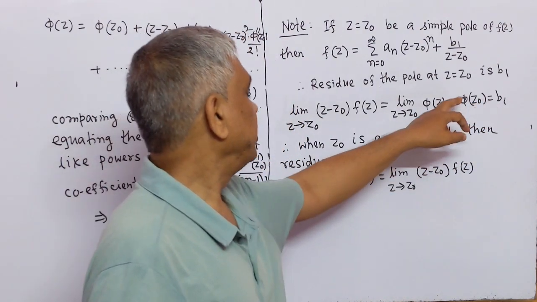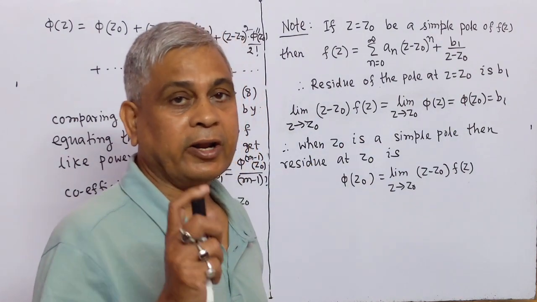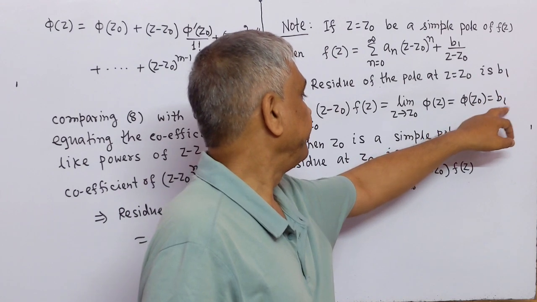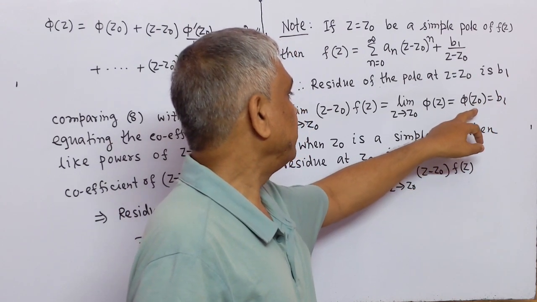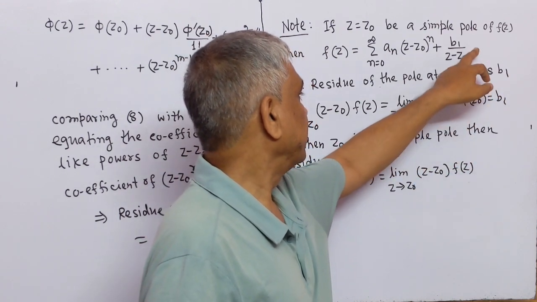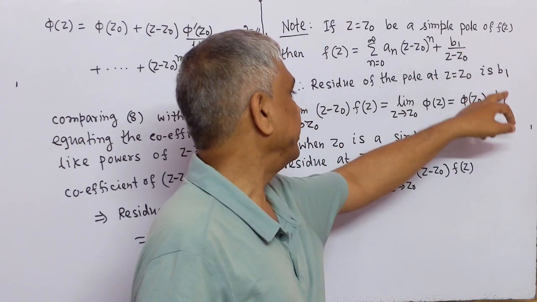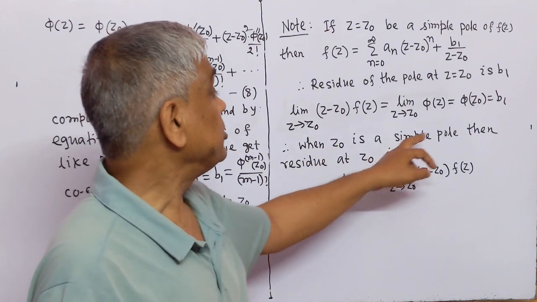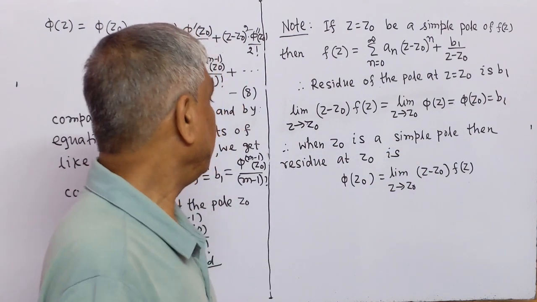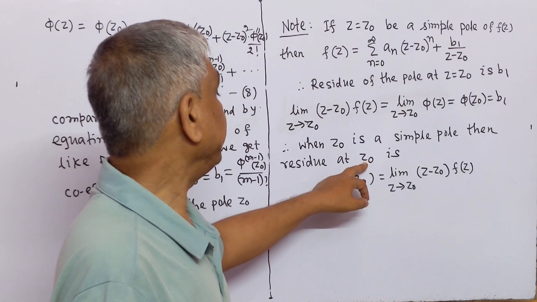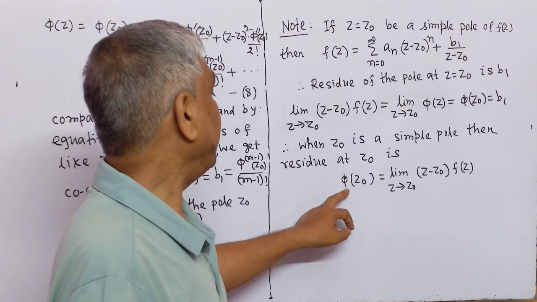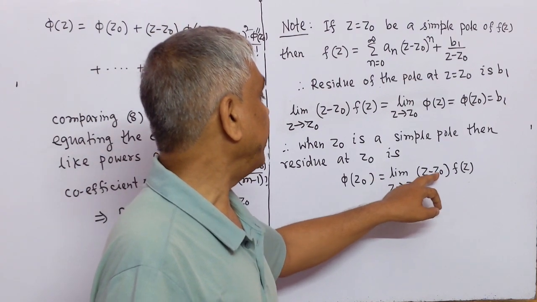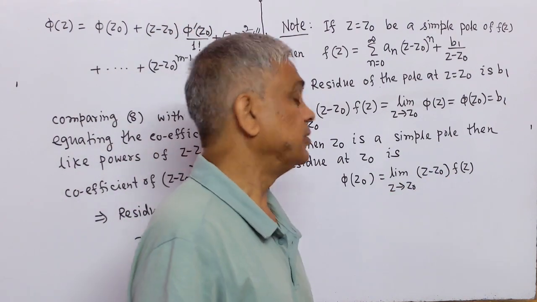In the case of a pole of order m, phi(z naught) equals bm. Here phi(z naught) equals b1, since in the principal part we have only one term. Therefore, when z naught is a simple pole, then the residue at z naught is phi(z naught) equal to limit z tends to z naught (z minus z naught) f(z).